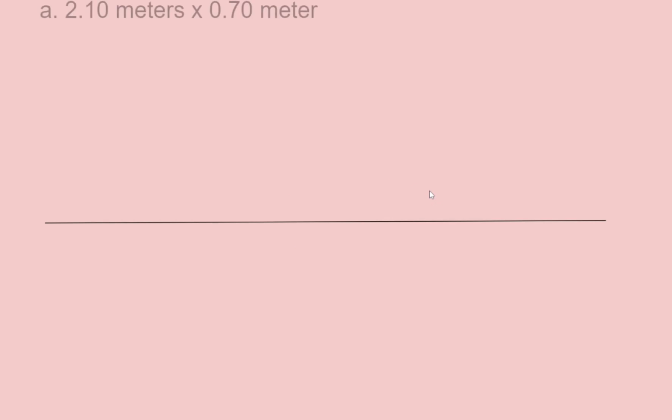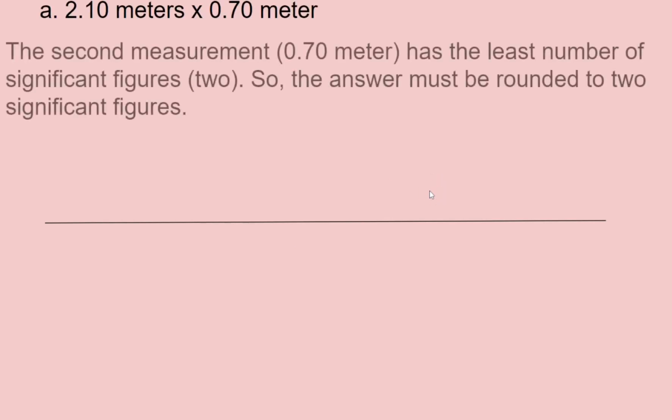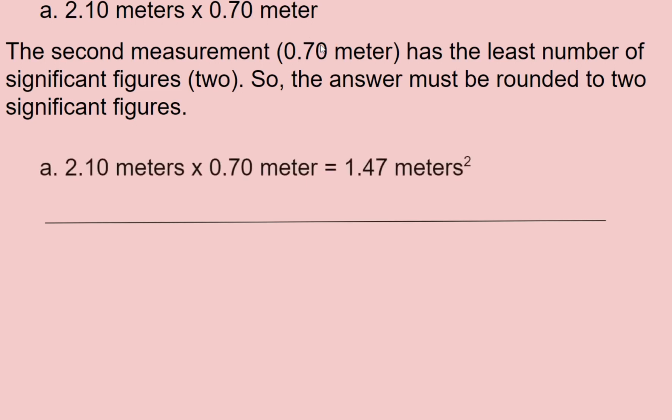For our first question, we had 2.10 meters times 0.70 meters. The second measurement has 2, so we can only have 2 significant figures in our answer. So you multiply as normal, and then we round to only 2 significant figures.